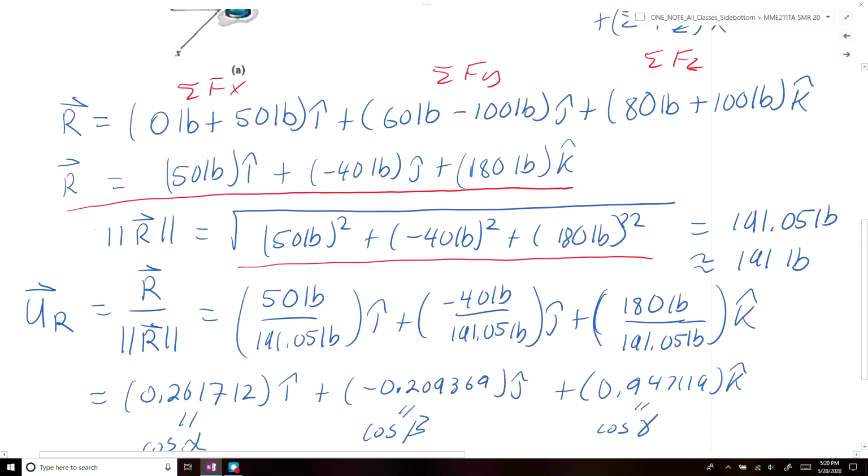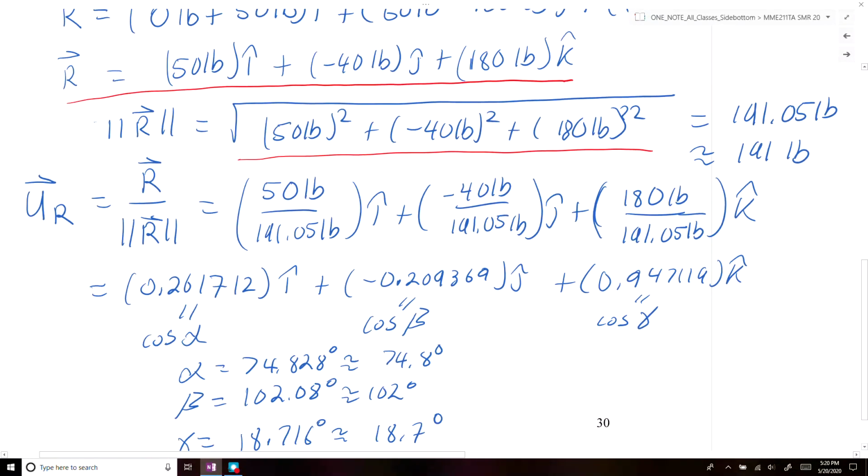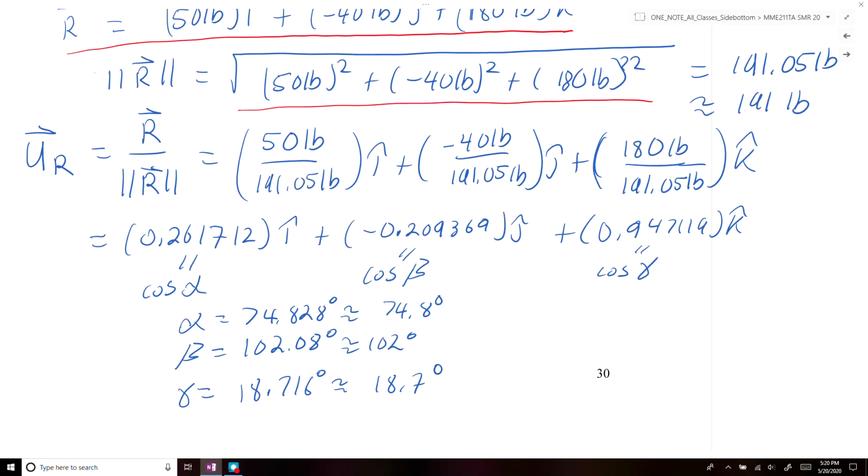Then we divided each component of our vector by the total magnitude of our resultant force, and once we did that, we had our unit vector. And using the components of the unit vector, we could calculate alpha, beta, and gamma using the inverse cosine function.